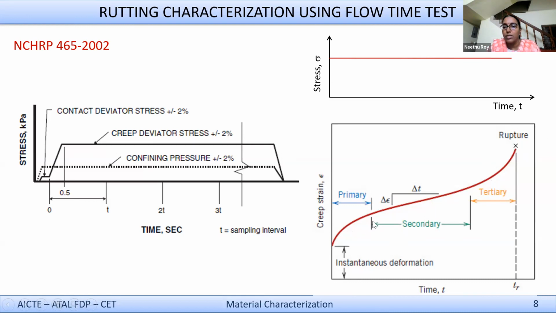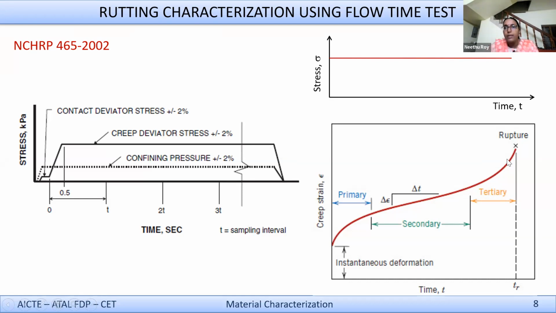Essentially, there is a primary stage, a secondary stage, and a tertiary stage. What you see is that the rate of strain is at a higher level and keeps on decreasing. Then it becomes constant. The rate of creep becomes constant, or you can see a straight line portion there. And then again, the creep strain starts increasing at an increasing rate. So this is called the tertiary region.